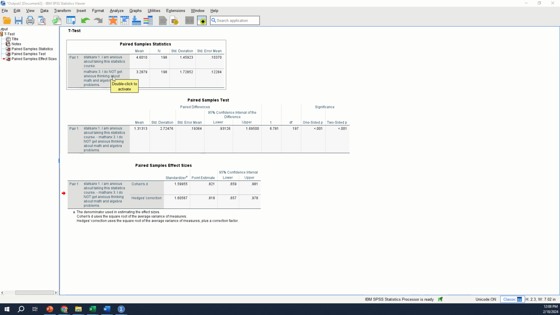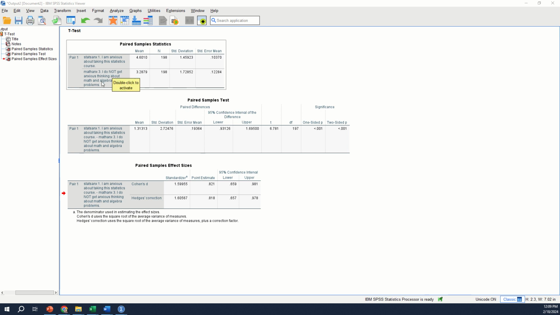So this is a negatively worded item, a reverse coded item, because we have the word not in here. For the stats anxiety item, higher scores indicate greater anxiety about taking the stats course. For the math anxiety question, higher scores actually indicate less anxiety because of the not.